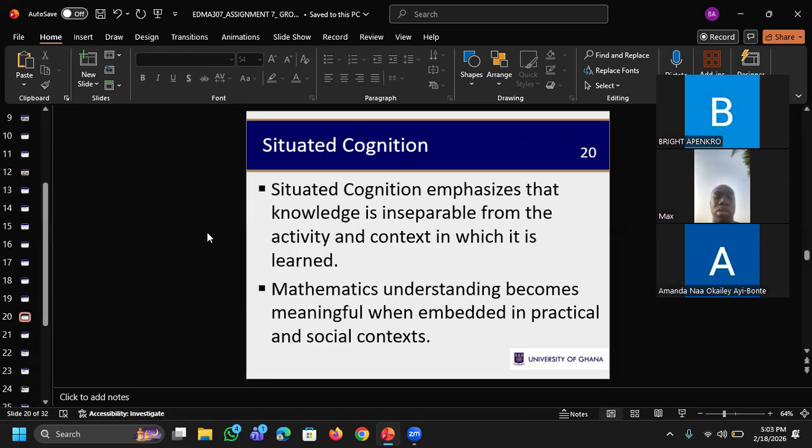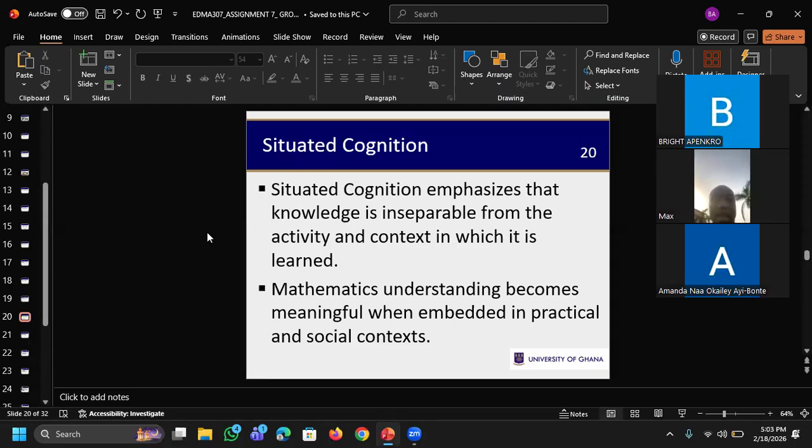Situated cognition emphasizes that knowledge is inseparable from the activity and context in which it is learned. Mathematics understanding becomes meaningful when embedded in practical and social contexts. So learning mathematics, like maybe the formulas, learning the theory without applying it, doesn't make mathematics meaningful.